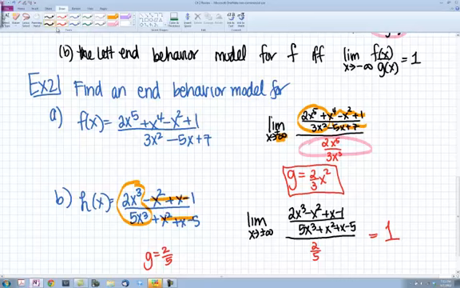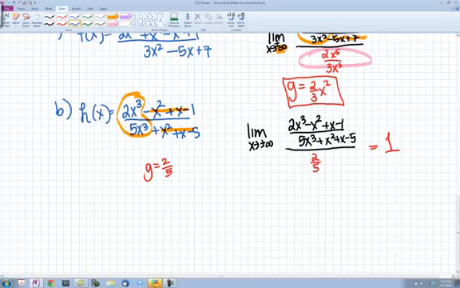Okay, I'm going to try a different, challenging one in terms of end behavior model, and then we will be done with our examples for today. How about we let f of x equal x plus e to the negative x.